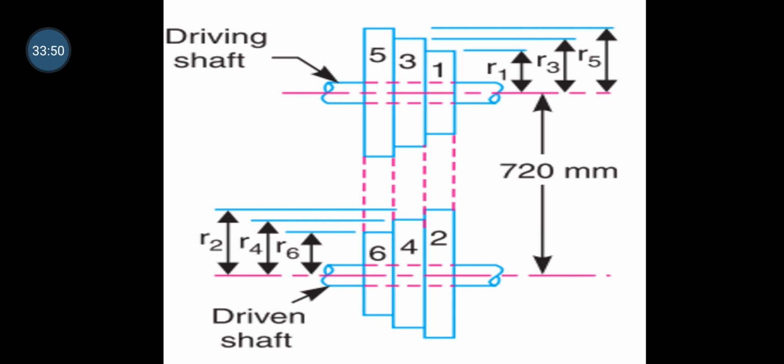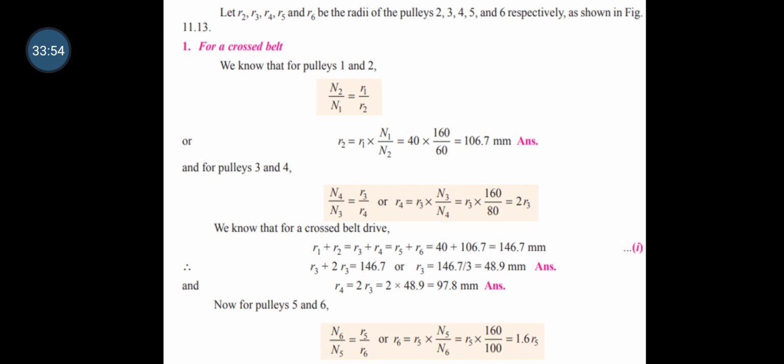Let us see the answers. For a cross belt, we know that for pulley 1 and 2, N2 divided by N1 is equal to R1 divided by R2. So we know the N1 and N2 speed of the pulleys. So you have to find the R2 radius 2 is equal to 106.7 mm.